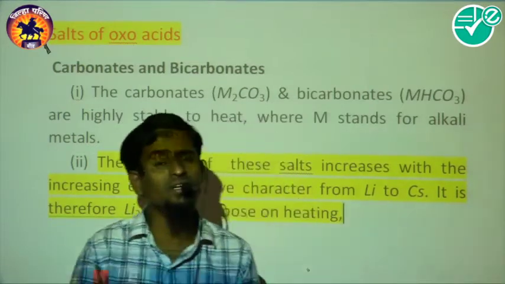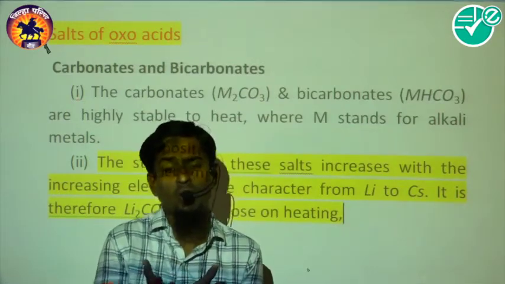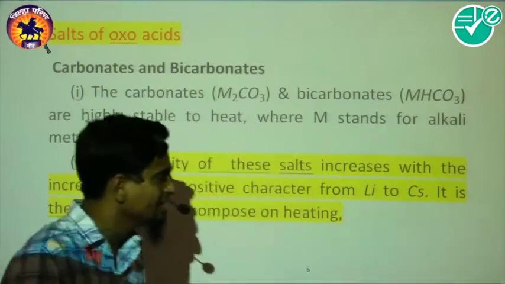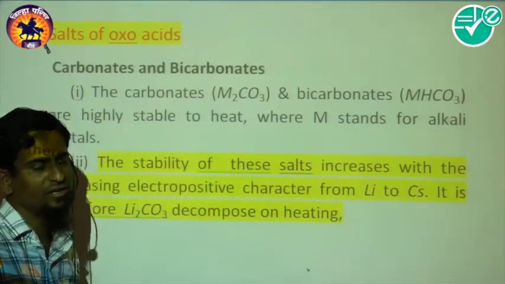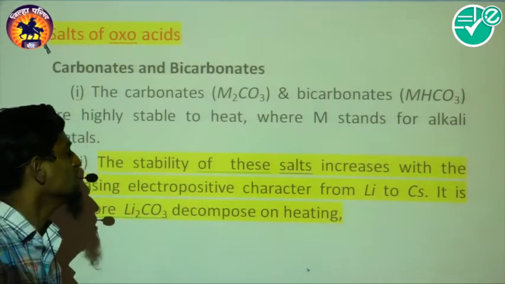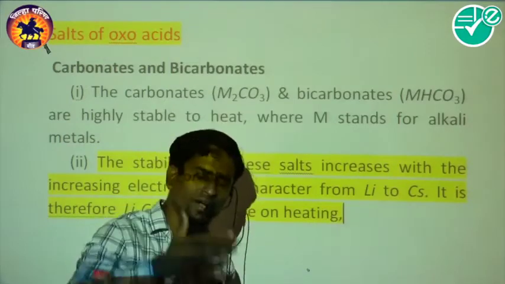You have to remember the concept that the more electropositive the metal, the more stable. Electropositive character increases as atomic size increases from top to bottom, as you already studied in the periodic table. So from lithium to cesium atomic size increases, therefore electropositive character increases.